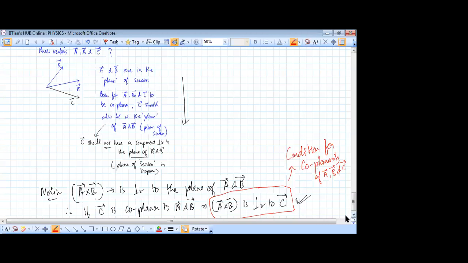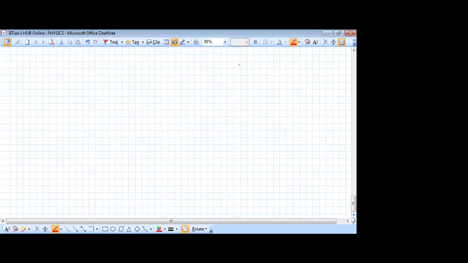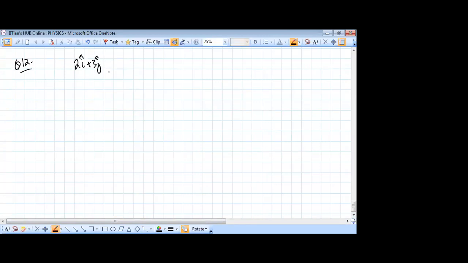Okay, so let's apply this method now to the vectors given in question 12. The vectors given are 2i cap plus 3j cap minus 2k cap.